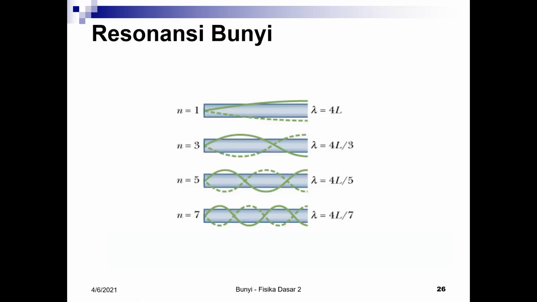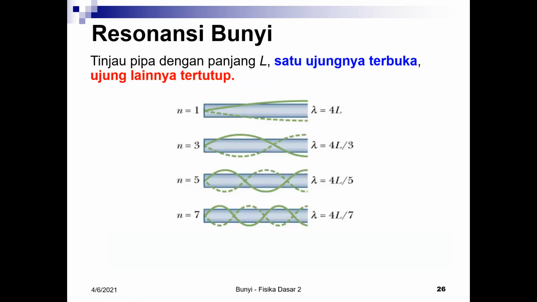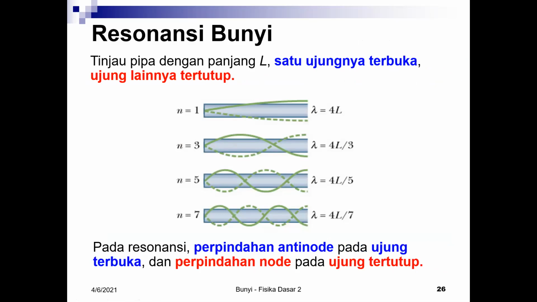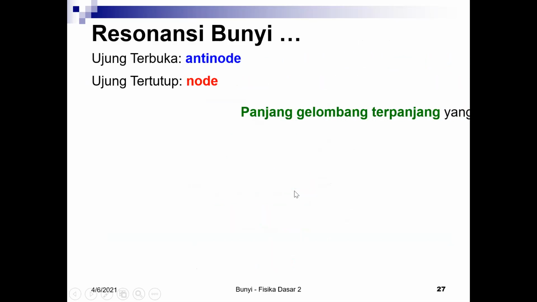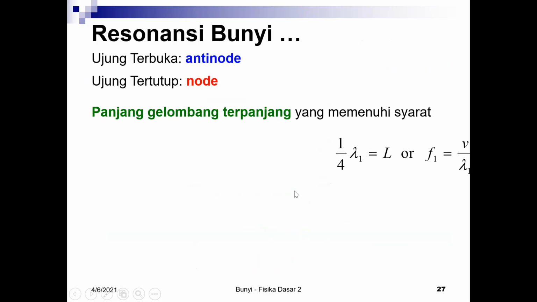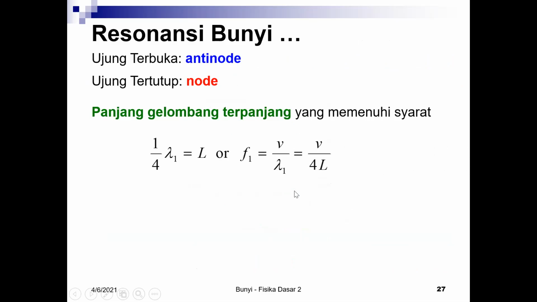Ini contohnya pipa organa, yang banyak ditemukan misalkan di gereja. Supaya suaranya keras, harus ada resonansi, jadi maksimum. Misalkan di ujung terbuka itu anti-node, sedangkan yang ditutup adalah node.